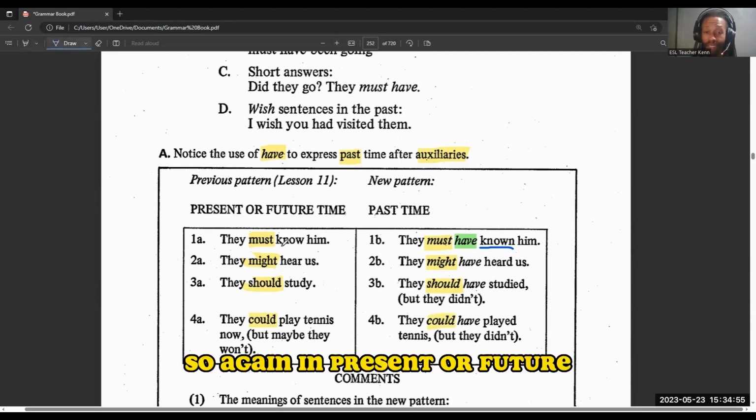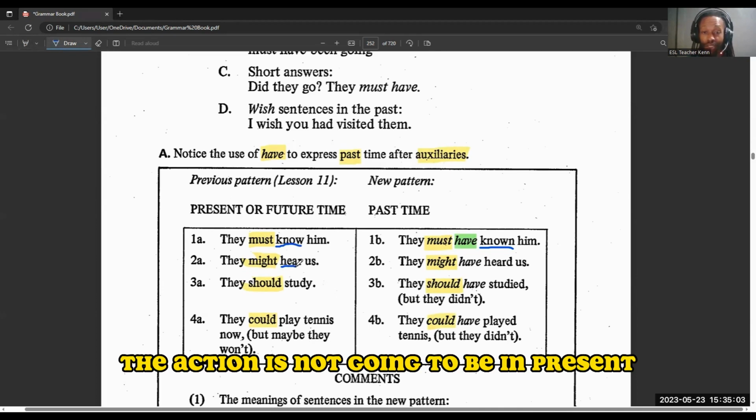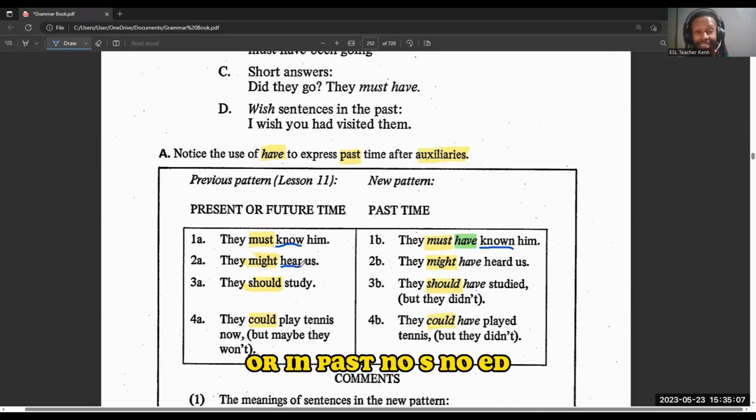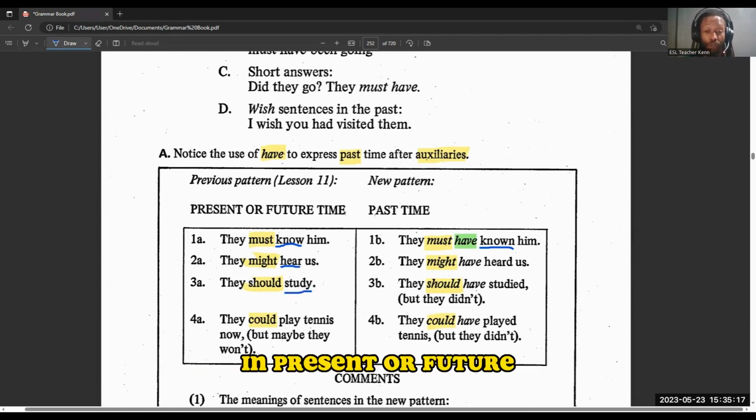So again, in present or future, we use the modal auxiliary, and after that we use the action. The action is not going to be in present or in past, no S, no ED, no changes in the action when we are using the modal auxiliaries in present or future.